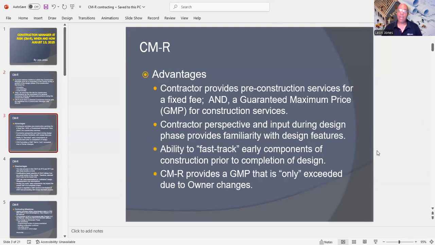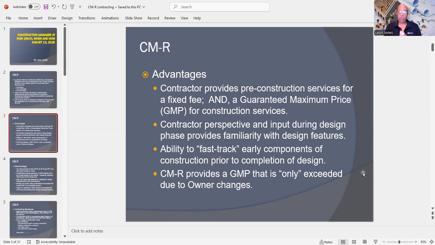Now, the advantages of the construction manager at risk are that the contractor provides pre-construction services for a fixed fee and a guaranteed maximum price for the construction services. Contractor perspective and input during the design phase provides familiarity with the design features.